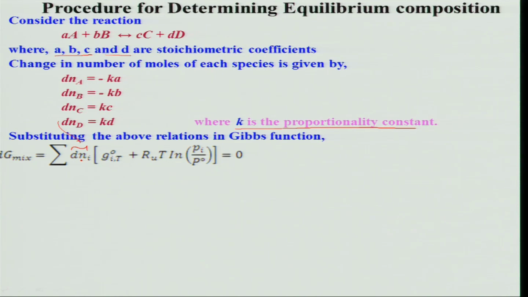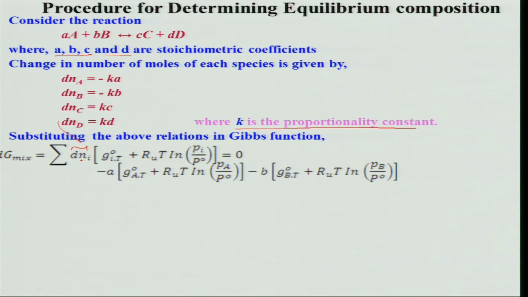For example, for A it will be minus a, and keep in mind there is a K here, because I am taking this portion from here and putting it here, G_A^0(T) plus R_u T ln(P_A/P^0), because the species is A. Similarly, minus K b, G_B^0(T) plus R_u T ln(P_B/P^0), just write it.